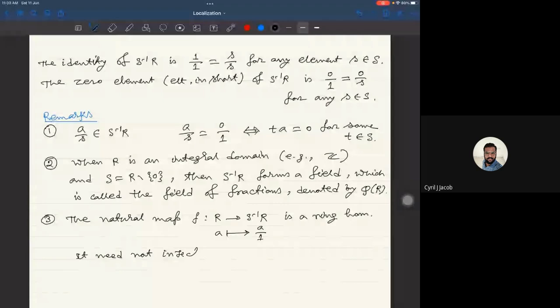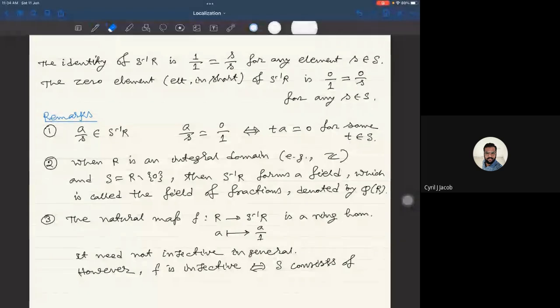However, f is injective if S consists of non-zero divisors, that is, every element of S is a non-zero divisor.